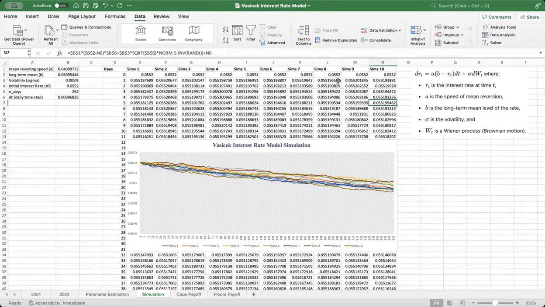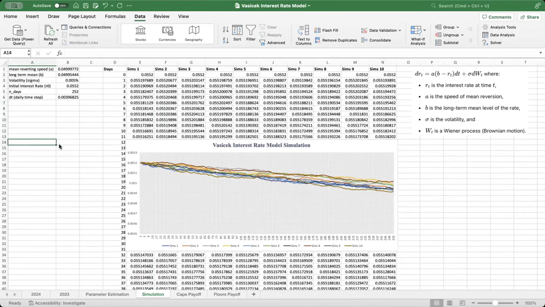Also, one more thing which I want to highlight is there's one more model called the Black 76 model, which can also be used to price interest rate caps and floors. But as I said, you can solve any stochastic model using different methods.